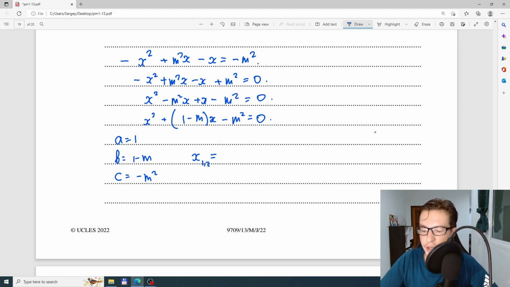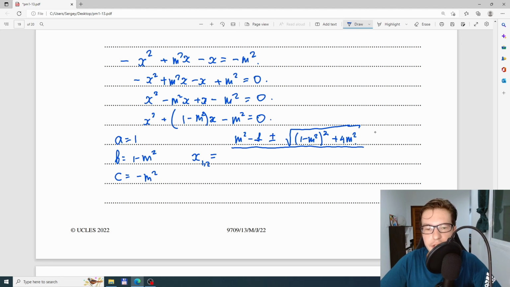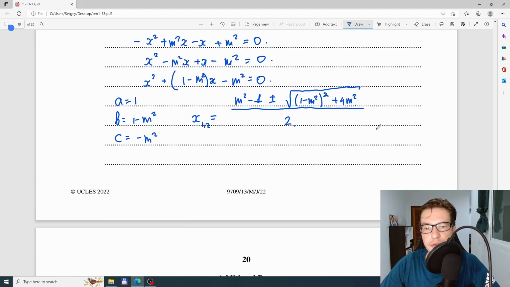So x is going to be minus b, which is m squared minus 1, plus or minus the square root of b squared, 1 minus m squared, again, minus 4 times c. c is negative, so all in all we get a plus 4m squared, divided by 2a. a is 1, so I just got 2.